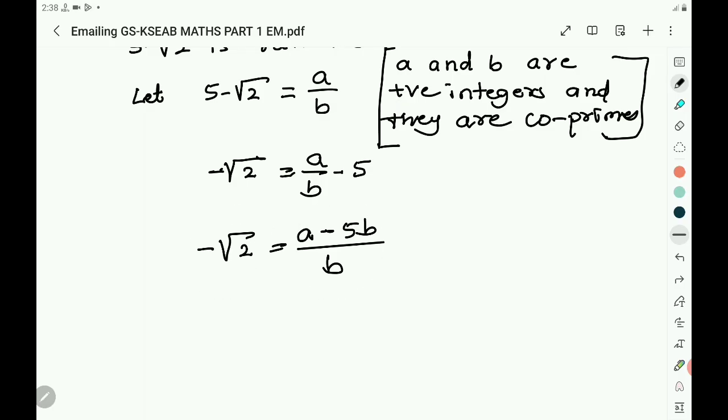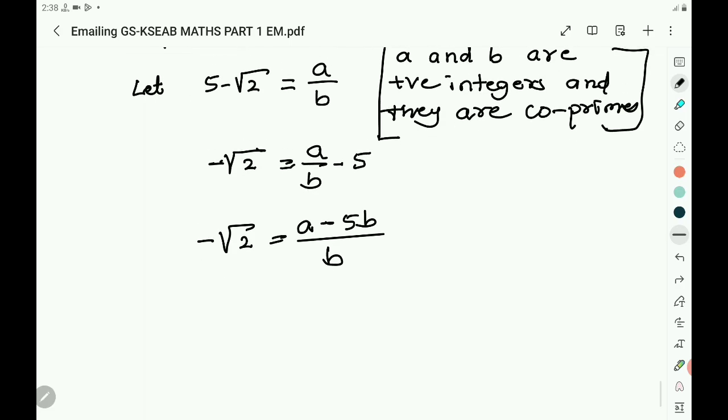But you know that root 2 is irrational, so minus root 2 is also irrational. RHS rational, LHS irrational. It is a contradiction. This contradiction arises due to our wrong assumption that 5 minus root 2 is rational.